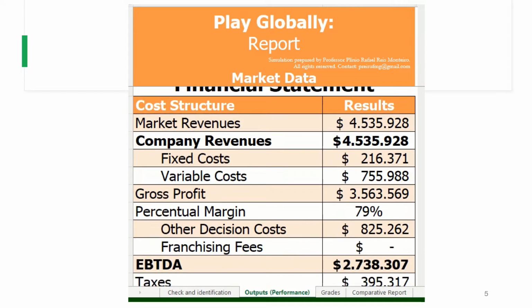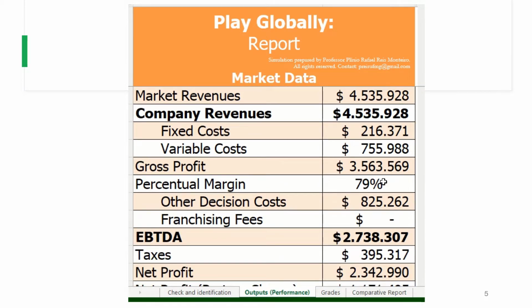From the gross profit, this means that 79% of my revenues become gross profit for my business. I also need to pay for the other decision costs, and this is the cost here, $825,000, and the EBITDA, the earnings before amortization, taxes, and depreciation, is basically $2.7 million, the difference between these two.